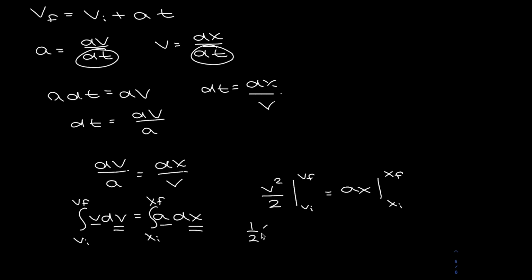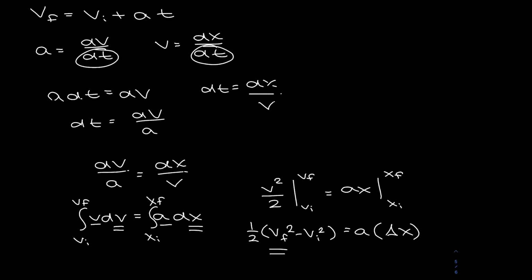So we get 1/2 velocity final squared minus velocity initial squared is equal to the acceleration. And for simplifying purposes, we are just going to write this as delta x. To solve for the velocity final squared, we are going to multiply the 1/2 over to the other side.